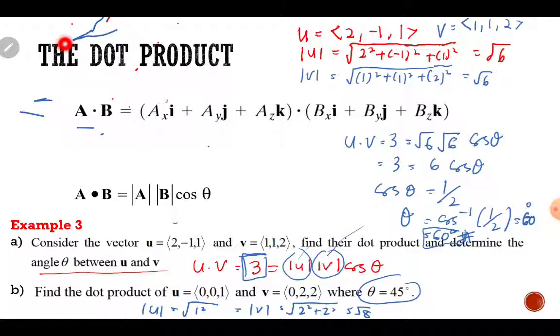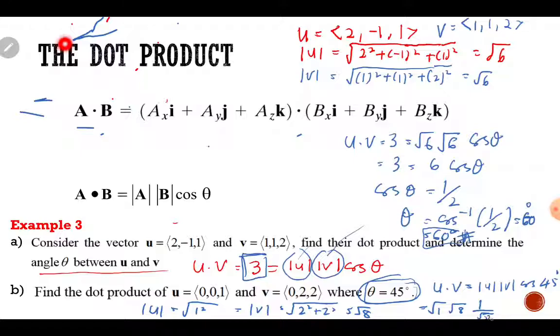So sekarang ni U dot V sama dengan magnitude U darab dengan magnitude V cos 45 degree, because the angle given is equals to 45 degree.